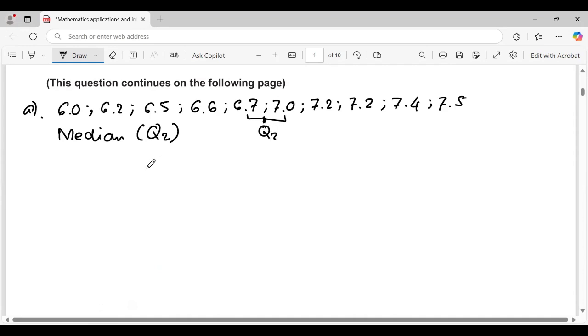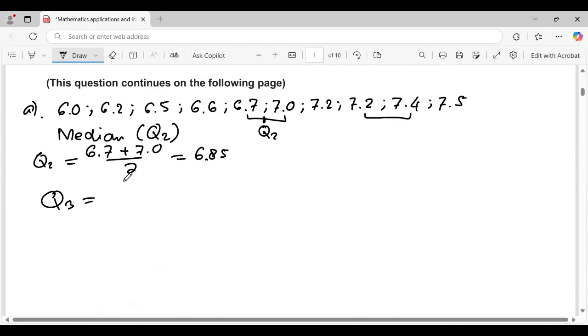And it means median equals 6.7 plus 7.0 divided by 2, and it is 6.85. This is Q2. And for the upper quartile, between 7.2 and 7.4, that is for the upper quartile or Q3.